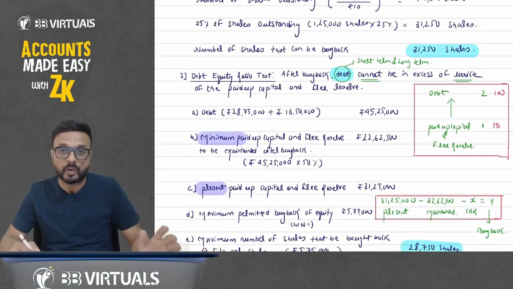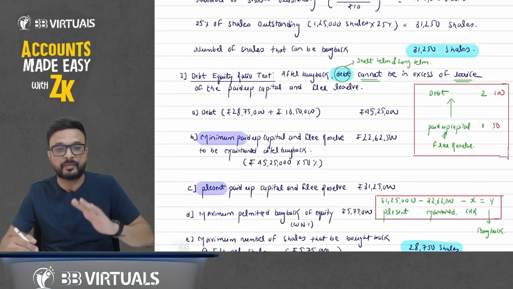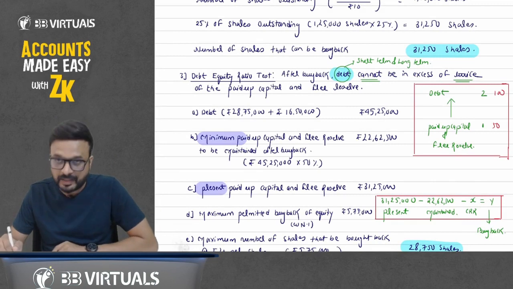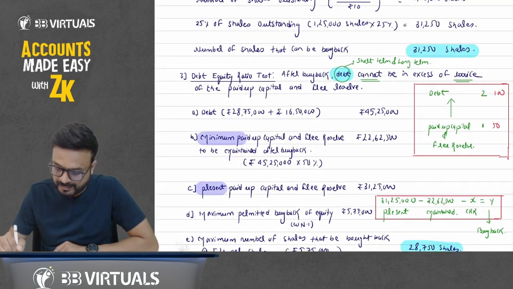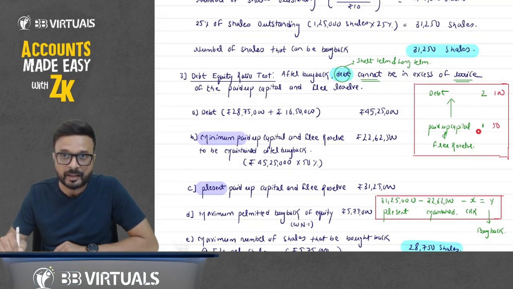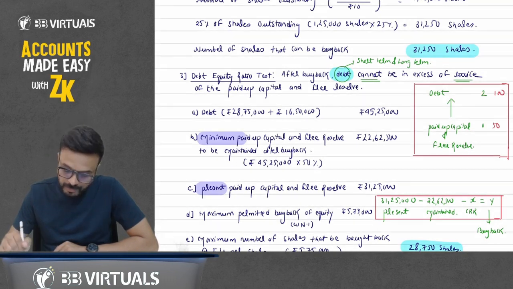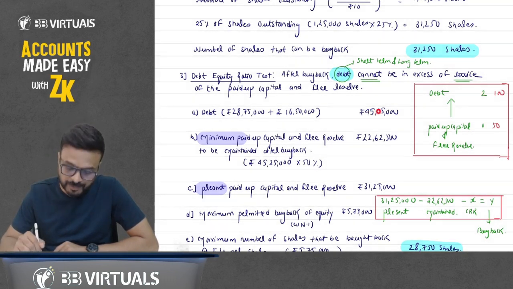Third, your debt cannot be more than twice of the paid up capital and free reserve after buyback. So if paid up capital and free reserve is 1, twice of it is 2, the debt cannot be more than 2. So can I say your paid up capital and free reserve is 50% of this debt? Yes. So the minimum that should be maintained is 50% of your debt.